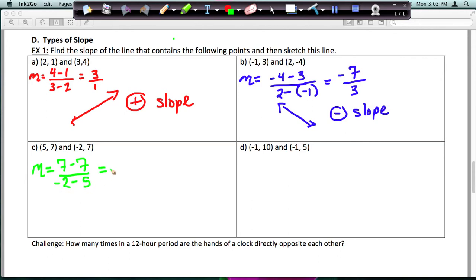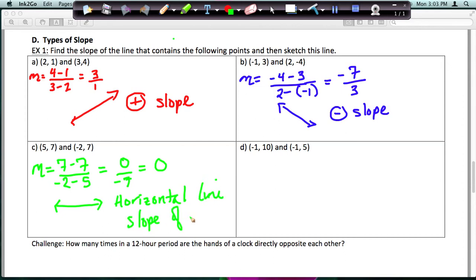Your numerator becomes 0 over negative 7, and remember, 0 over anything is just 0. So you have a slope of 0. When you have a slope of 0, you actually have a horizontal line. That means there's no increasing or decreasing. Everything's staying steady. So this is a horizontal line, and it has a slope of 0. So there's no increase or decrease in value.